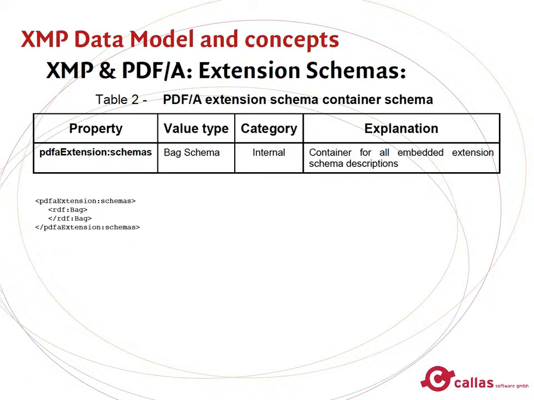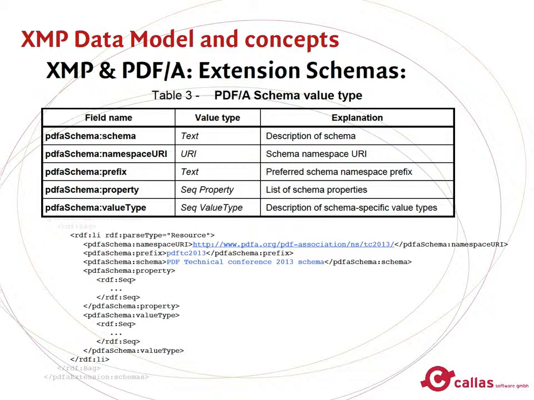So here are the definitions of the parts of the PDF extension schema. In the first stage I have to create an extension schema container. That's fairly easy. It's just an unordered list of schemas. So I put the schemas inside my schema container, and I have to define several things for my schema.